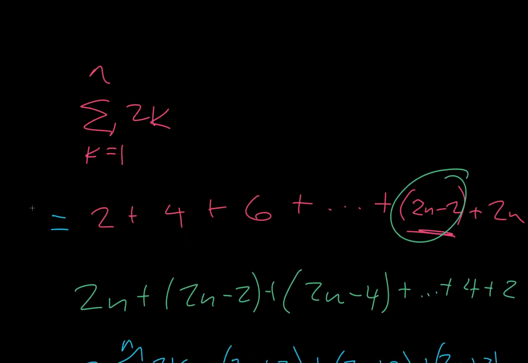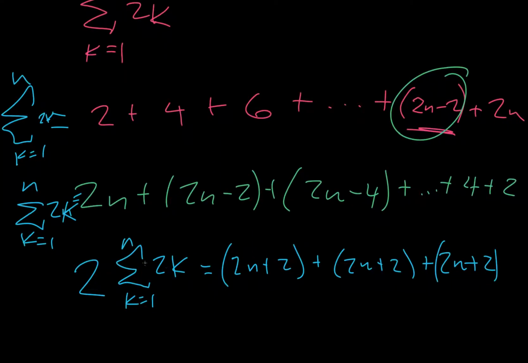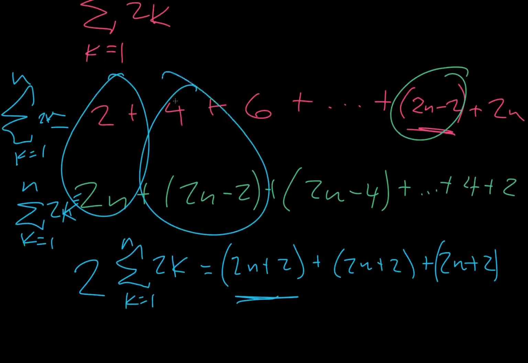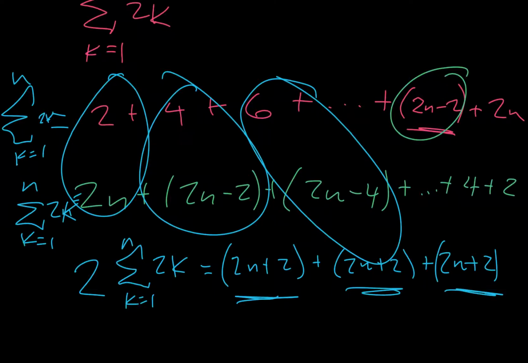So this is technically equal to, and then this is also equal to the same thing. 2k. So we just added these, so there's 2 of the exact same one. That's why there's a 2 out in front right here. And then I'm adding these together to get this, these together to get this, these together to get this, and so on.